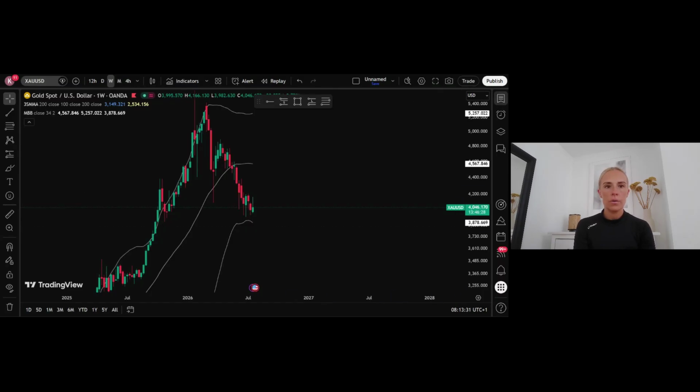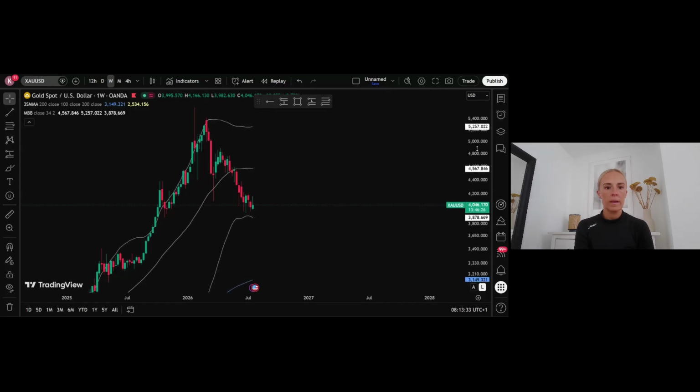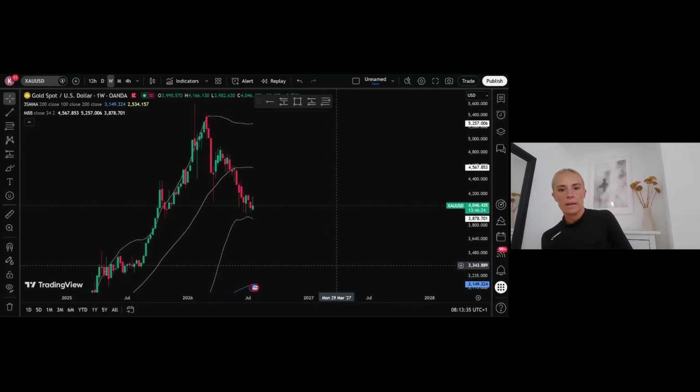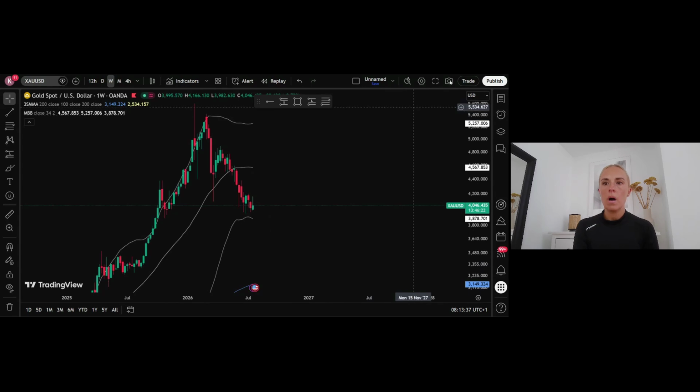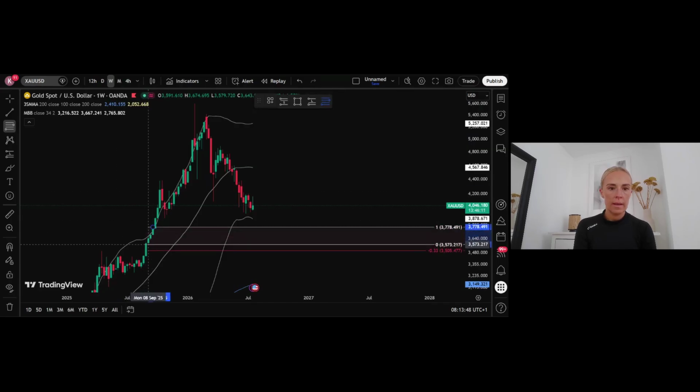I'm going to start on the weekly time frame, do a top-down analysis, and mark up my supply and demand zones. So get my fib tool. This is a lovely demand zone here.